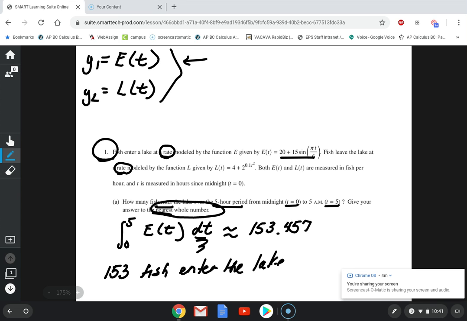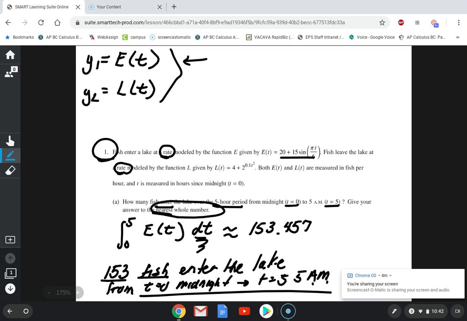And here's another key point: include the time period from t equals 0, midnight, to t equals 5 a.m. So you want to put the answer, the label, and the interval that the answer refers to.